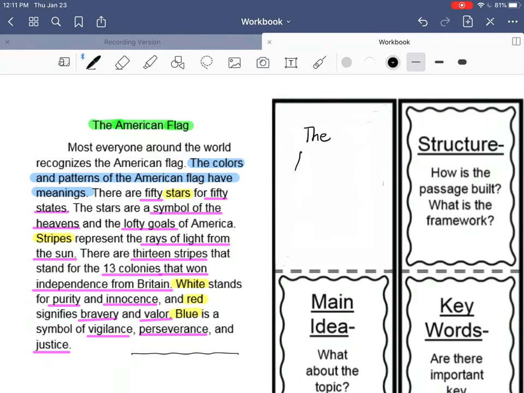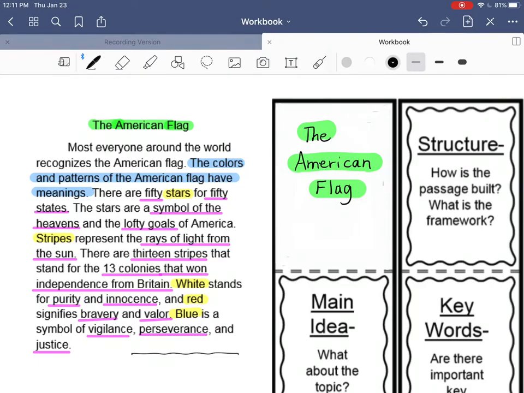So the topic, in 2 or 3 words, what is this passage about? The American flag. And if you want to highlight it, you certainly may. That just gives you practice with the colors, learning the colors that we're using. So the American flag is our topic.